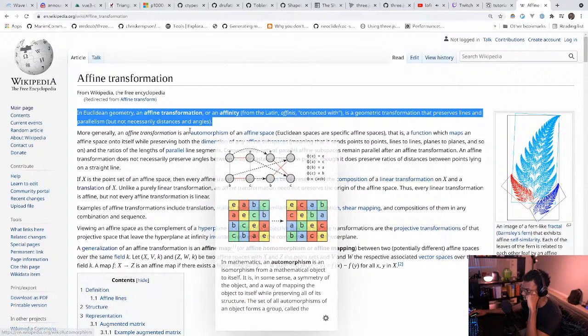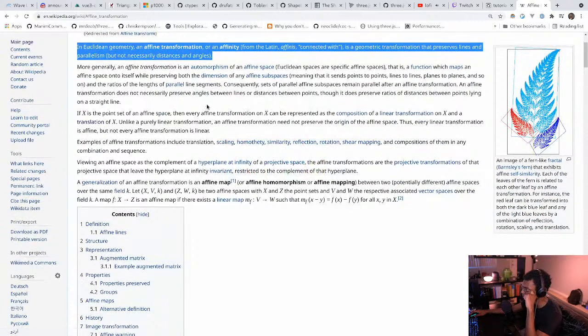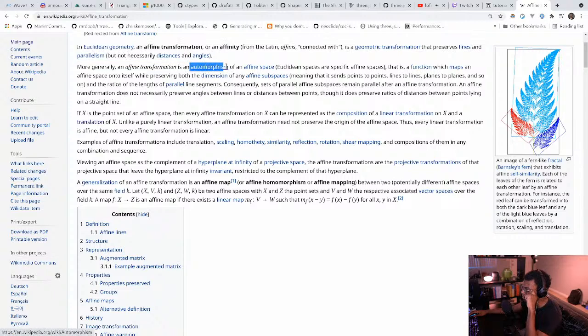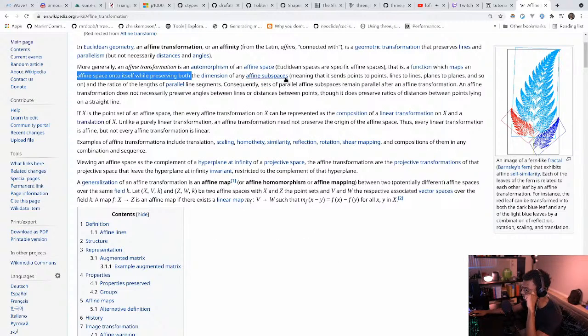Lines and parallelism, but not necessarily distances and angles. You definitely don't want to talk about an automorphism of an affine space, or a function which maps an affine space onto itself while preserving both the dimension of any affine subspaces and the ratios of the lengths of parallel line segments.